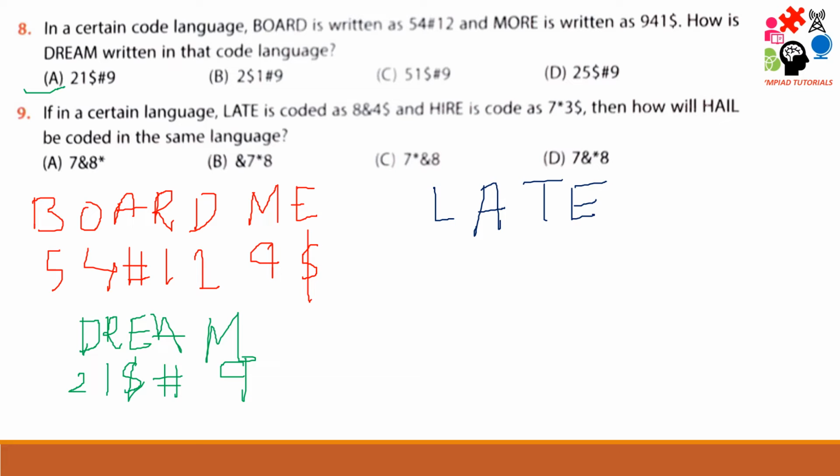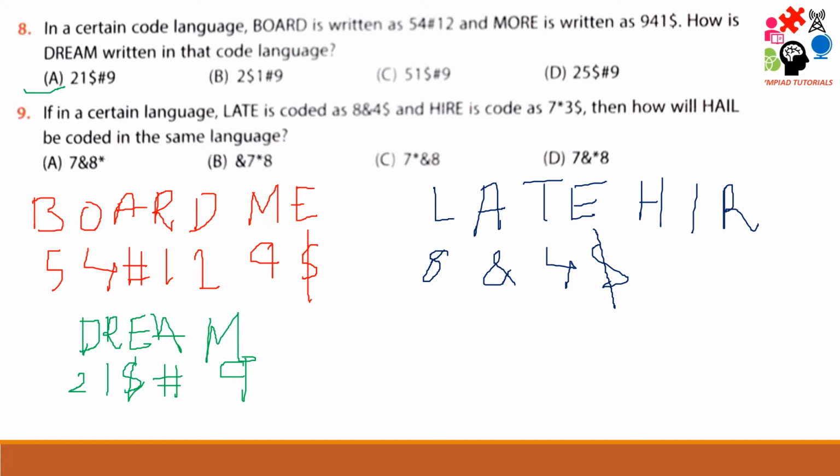So corresponding code you have 8, @, 4 and $. And next word is HIRE. So H you don't have here, so we'll write down H, I and R. E is already coded here.